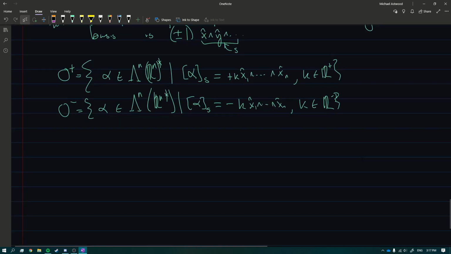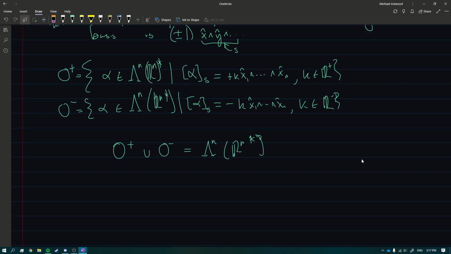So these two classes, O plus and O minus, if you union them, you just get lambda n of Rn star. So they are a disjoint partition of the top forms. So we call these equivalence classes, because any two orientations in this class are equivalent.